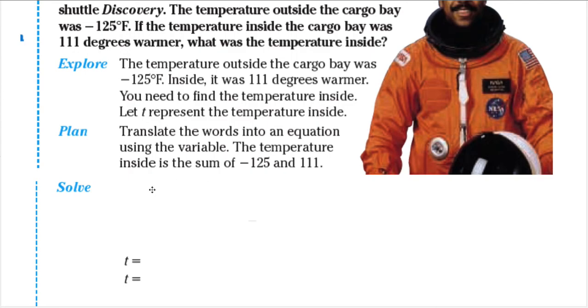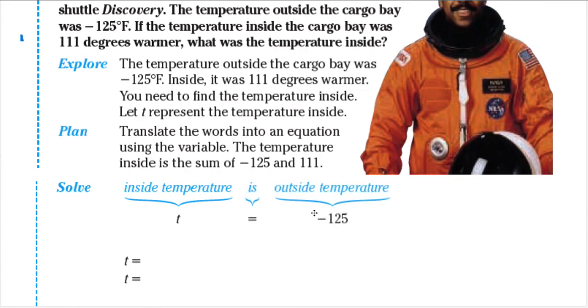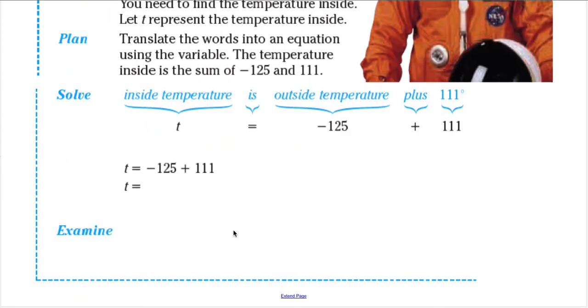Solve: T is equal to the outside temperature plus 111 degrees Fahrenheit, and that should give you T equals negative 125 plus 111. You don't really need a calculator for this. The answer would be negative 14.